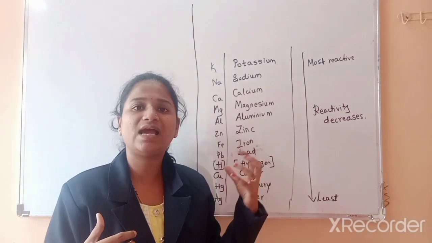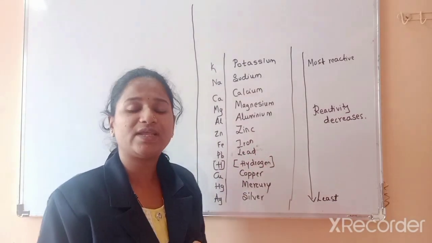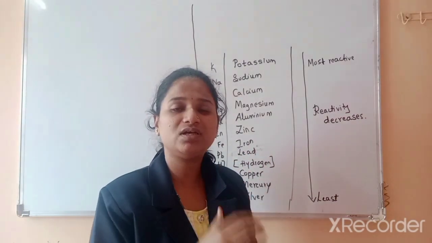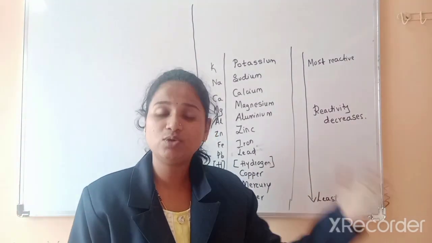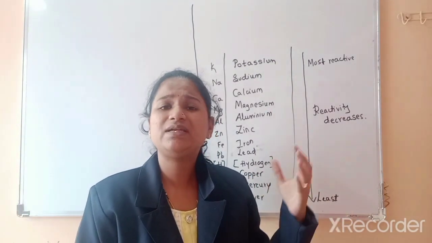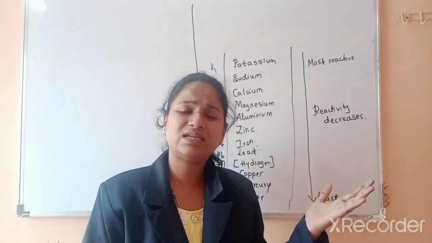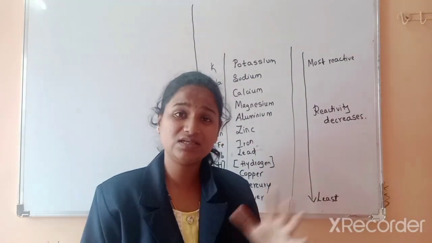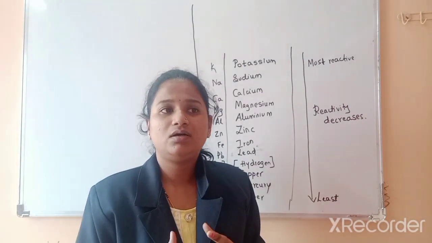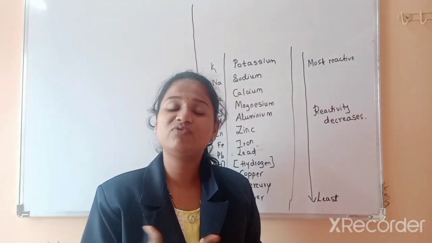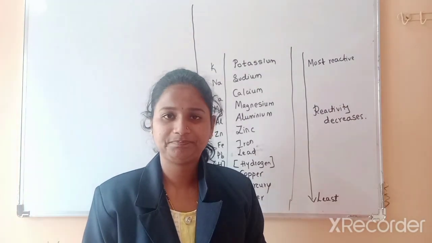Some metals will react in a different way. For example, when you consider water itself, some metals react very vigorously, very violently with the water. Some metals will react less vigorously with the water, like calcium. Some metals will react with the steam form of water, like aluminium.